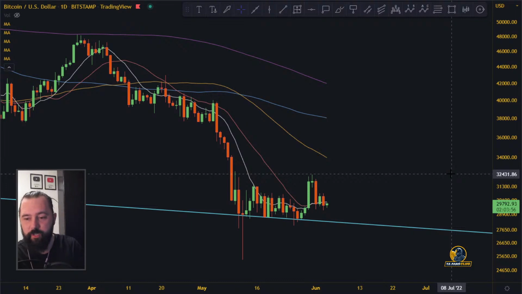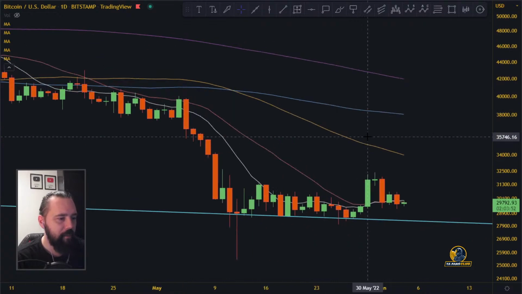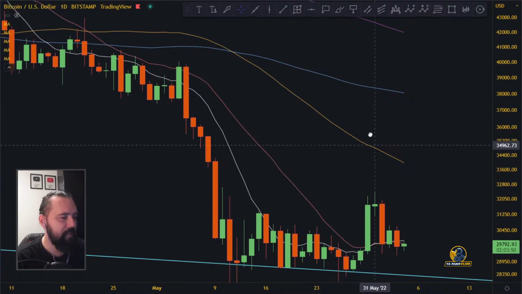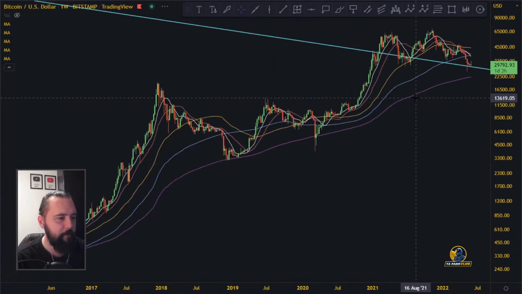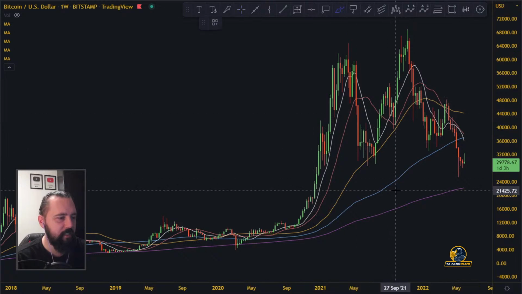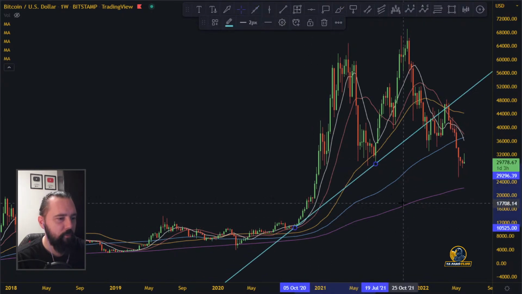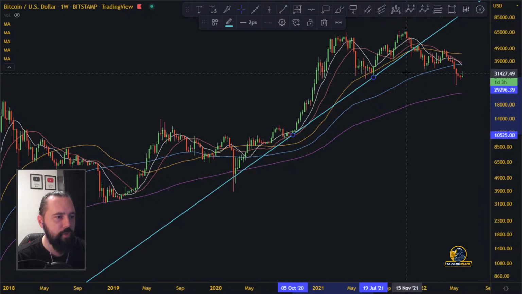Log for stretched stuff and regular for normal moves, yeah, might be. I would say that if you go to the weekly time frame over here and use the regular chart, you'll get two different lines. When you look at the regular line, it pulls all the way up there.